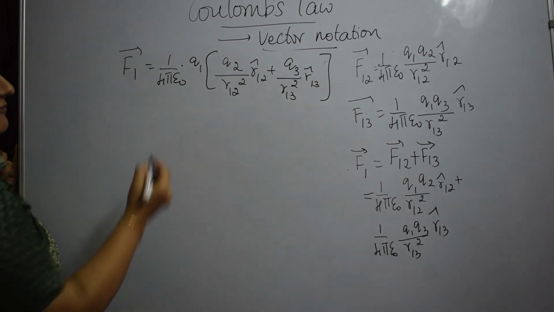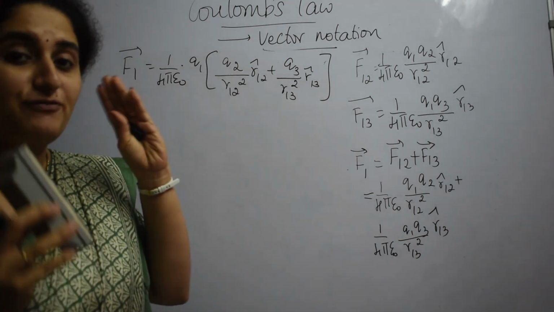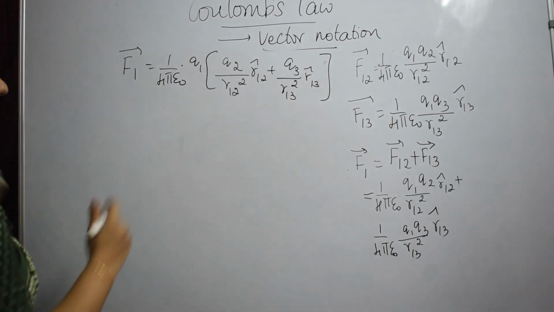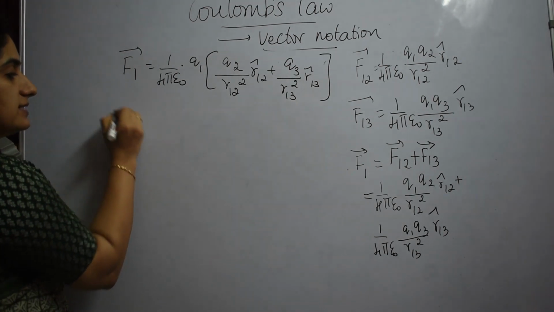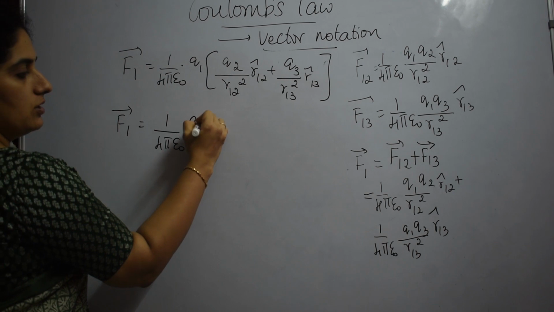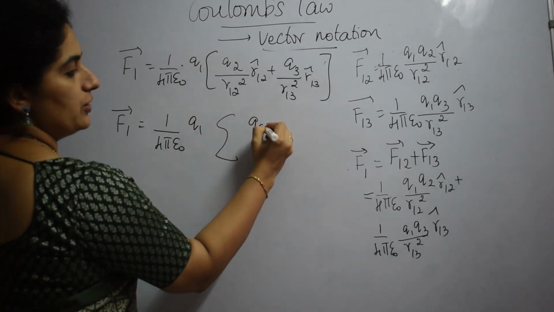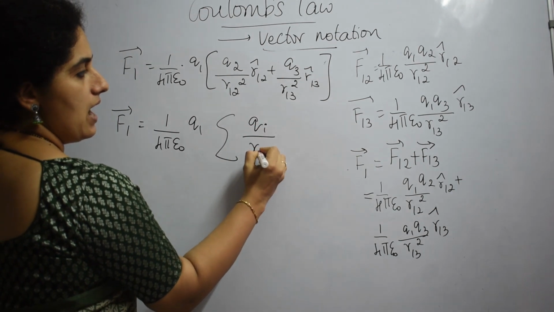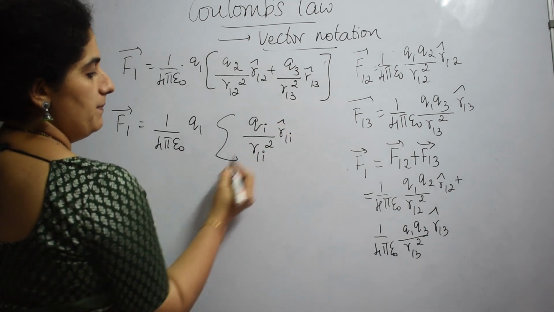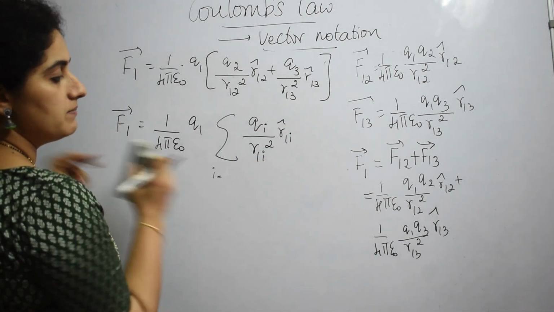So in general, if I have n number of charges, out of that if I consider the effect of all other charges on the charge Q1, how will I write it in a generalized notation? So it is vector F1 is equal to 1 by 4 pi epsilon naught Q1 summation of Qi divided by R1i square into R1i cap, where i is running from, it's not 1, it is from 2.